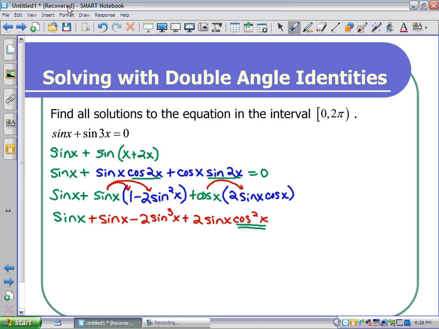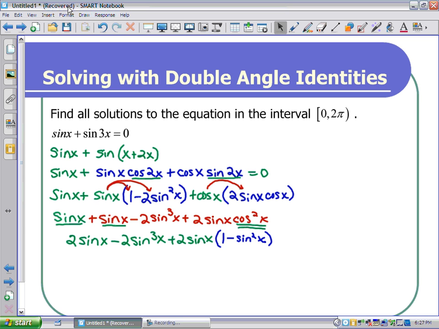So up here, we're going to combine our like terms of sine x and sine x. So we have 2 sine x minus 2 sine cubed x plus 2 sine x, but we're going to replace cosine squared x with our Pythagorean identity of 1 minus sine squared x.